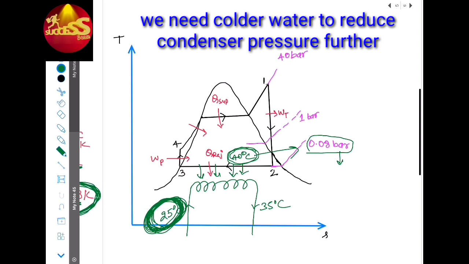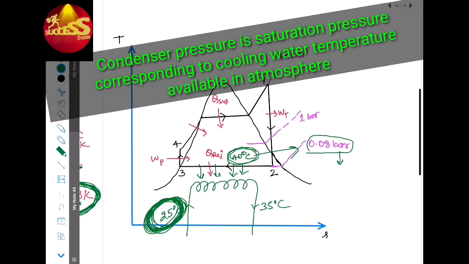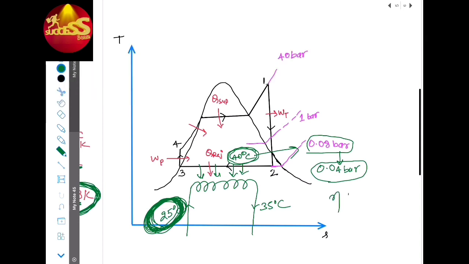So in the cold countries, like the European countries, where the ambient temperature is 10 degrees Celsius or less than 10 degrees Celsius, we can decrease this pressure to 0.04 bar, which is corresponding to the outside or ambient temperature. So the efficiency of a power plant in cold countries is higher than in our India. So now you get the point of how the 0.08 bar comes.